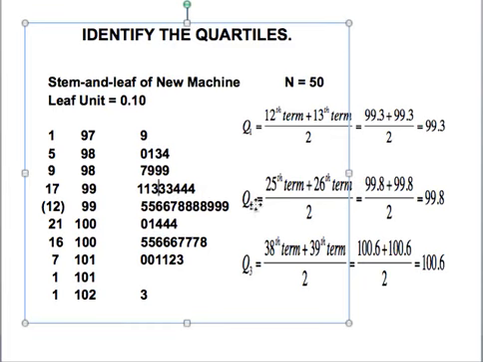Okay, for the second quartile or the median, you know it's going to be in this row with the 12, right? So far you have 17. So this will be 18, 19, 20. You count for the 25th and the 26th. Similarly for the third quartile, you're going to look for the 38th and the 39th term.